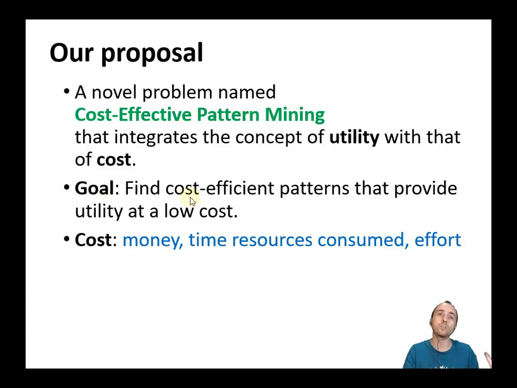So we call these the cost-efficient patterns. So here, what we mean by cost, there are many kinds of cost we could consider. Cost could be the money or the time we need to spend to get the utility, or other kinds of resources we need to consume, or some effort, for example.